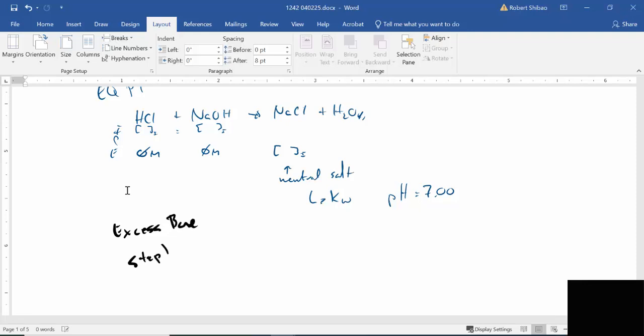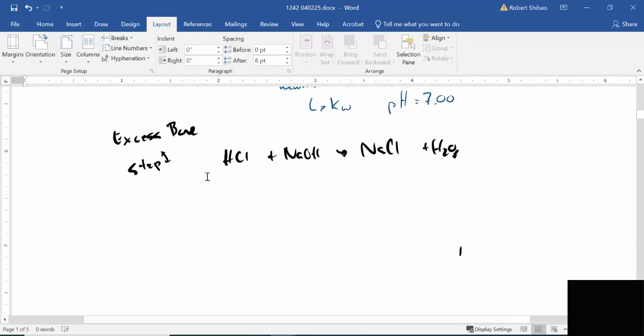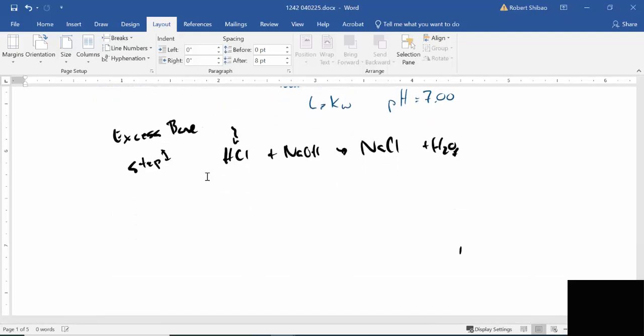Step 1 is just the strongest acid, HCl, plus the strongest base, sodium hydroxide, and this gives us sodium chloride plus water. Now we have excess base, so that means the HCl must be our limiting reagent here. And that means my initial HCl concentration must be less than my initial sodium hydroxide, so I have more sodium hydroxide than HCl.